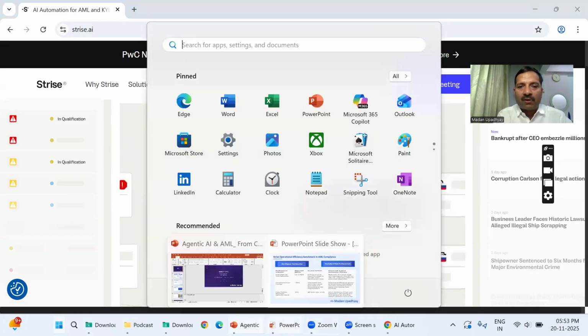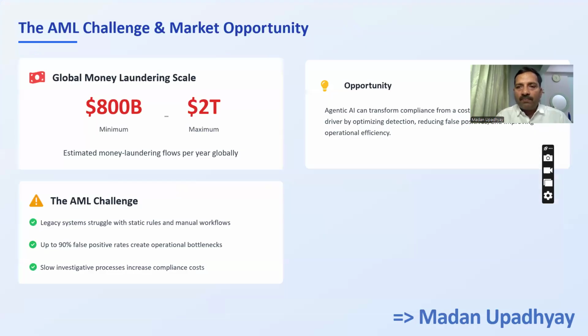Let's go back to our main agenda. Now the question is, how can you identify and actually create a business case? Look at where the money is lying. Analysts project the estimated money laundering market, overall, costs approximately $2 trillion.